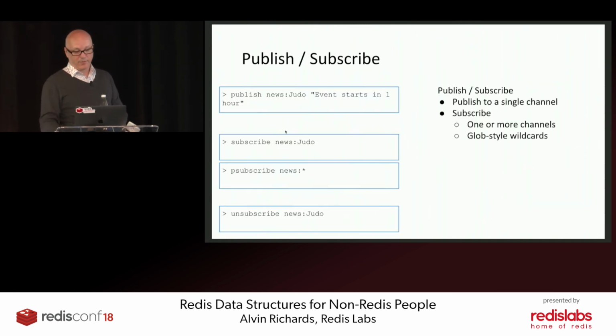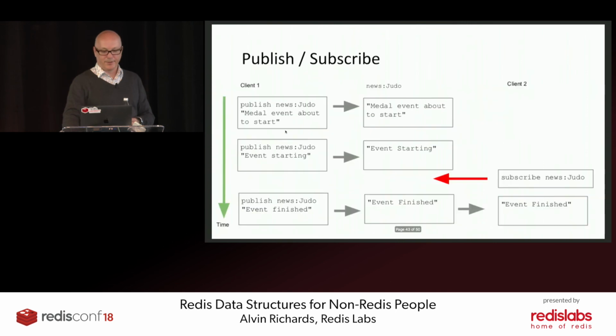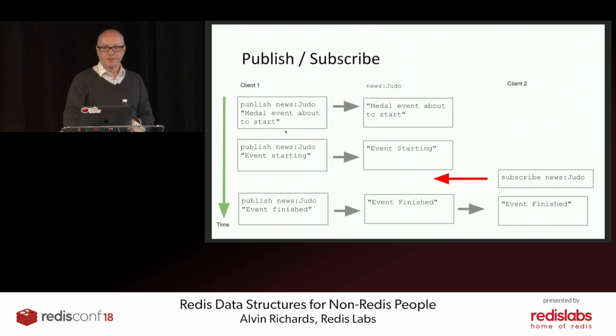The other popular feature in Redis is publish and subscribe. So this allows you to create a topic, push messages to those topics, and have other clients subscribe to that topic to see those messages come through. So we've got a simple example here of publishing and subscribing to those messages. And so it's very easy to see how you can then use this as a form of what I would describe as unreliable message delivery between system components.